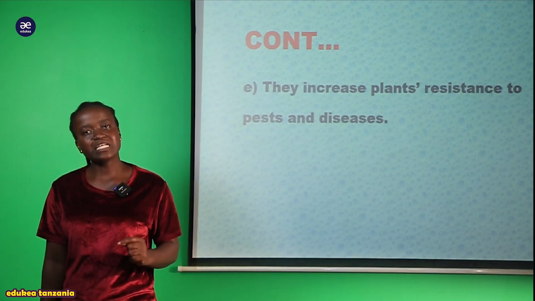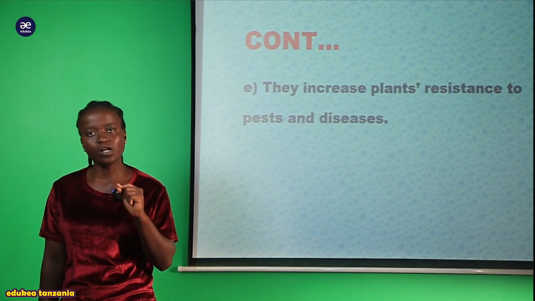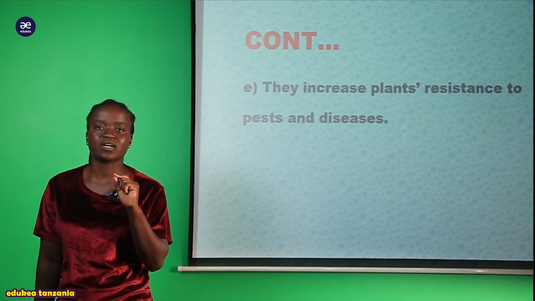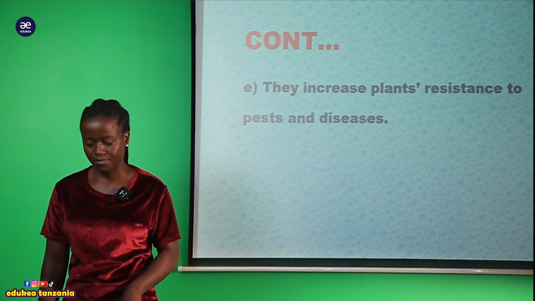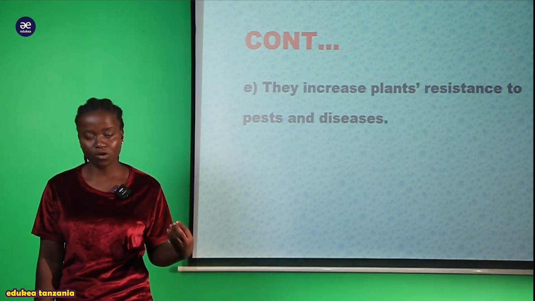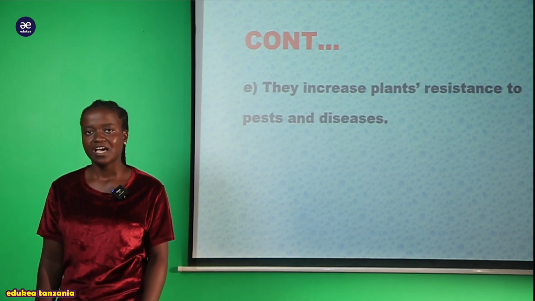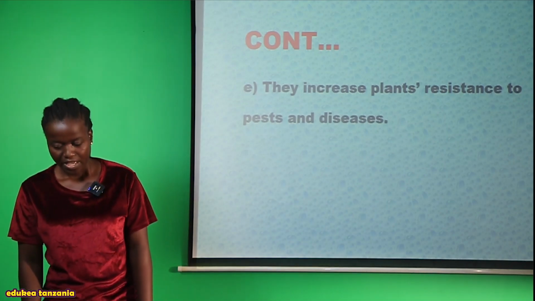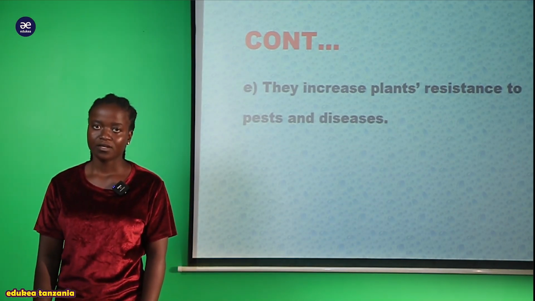But due to the presence of these gibberellins, they tend to fight against all of the pests and diseases that might cause harm within a plant. So that is the role of the gibberellin hormone. And that is the end of the gibberellin hormone.